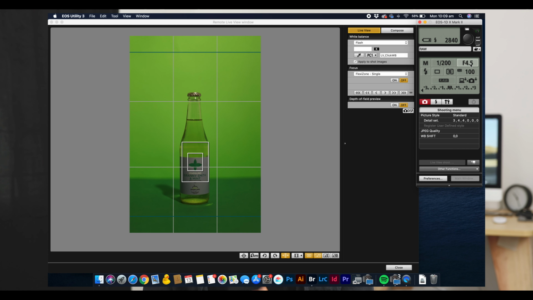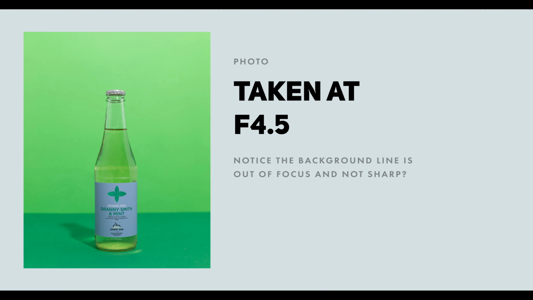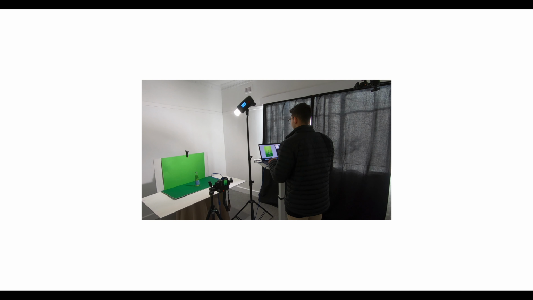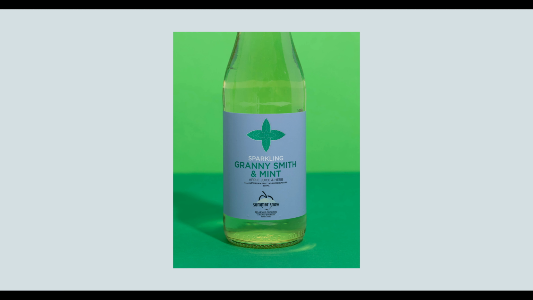So to give you an example, if we adjust our aperture to f4.5 and then we take a photo, you're going to notice that the bottle is in focus and the background is out of focus. Now we need to lower the power of the strobe and take another shot. Now that is looking a lot better, isn't it? As you can see, the background is blurred, but the bottle is in focus. That's depth of field. You chose that.